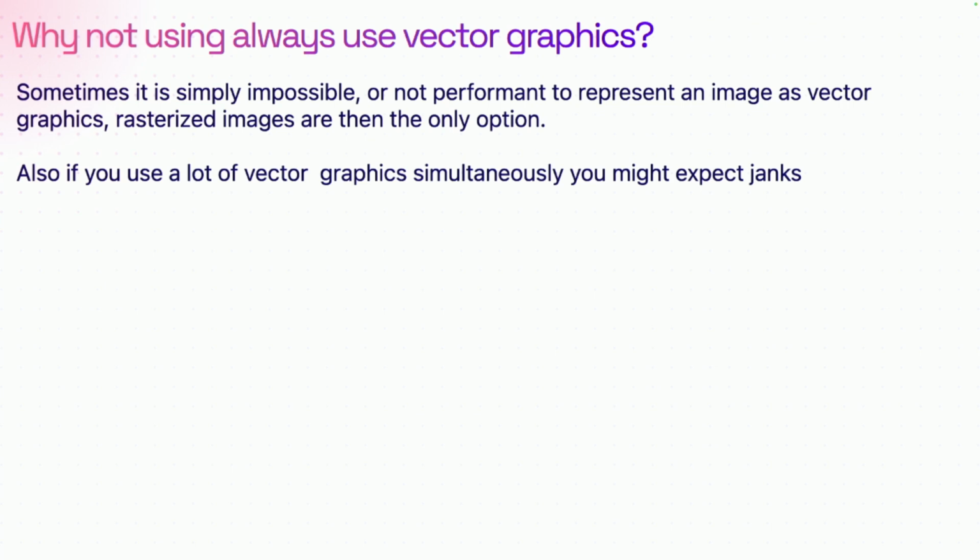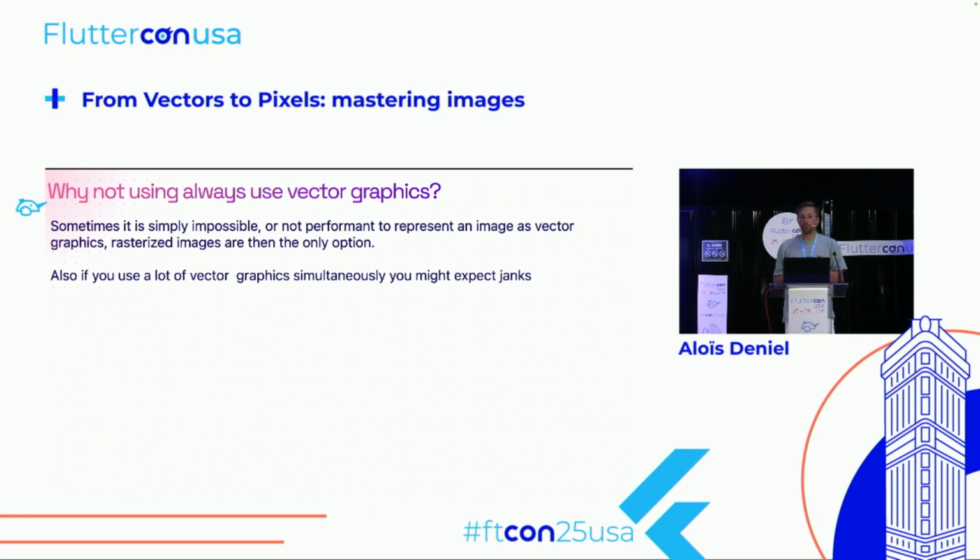Okay, so why wouldn't we always use vector graphics then? Because sometimes it's simply impossible. Like I've shown you before, the image with the gradients and so on blend together. You could do something almost similar, but it wouldn't be exactly the same. So for that, or for example, for photos, obviously it's not adapted.